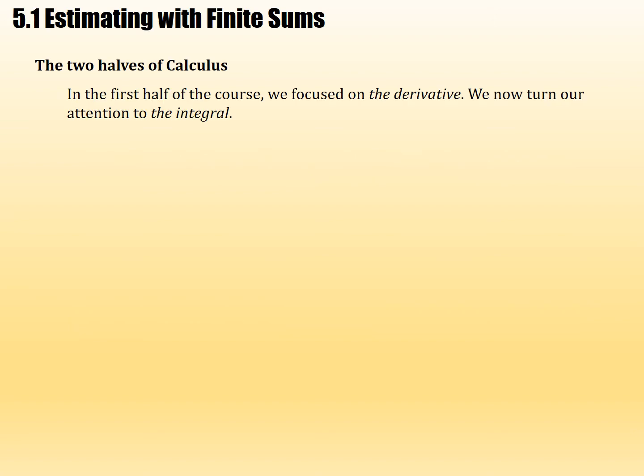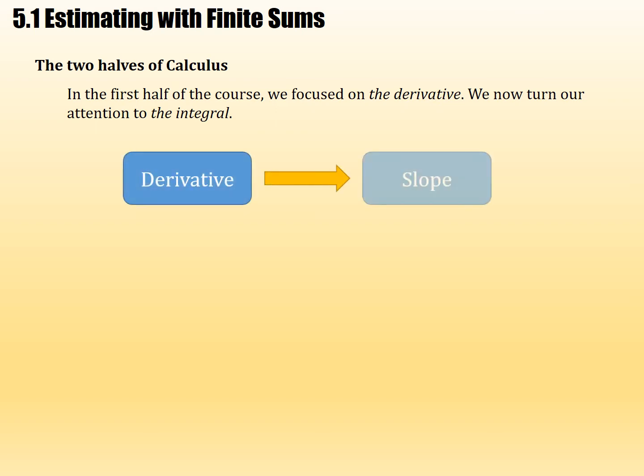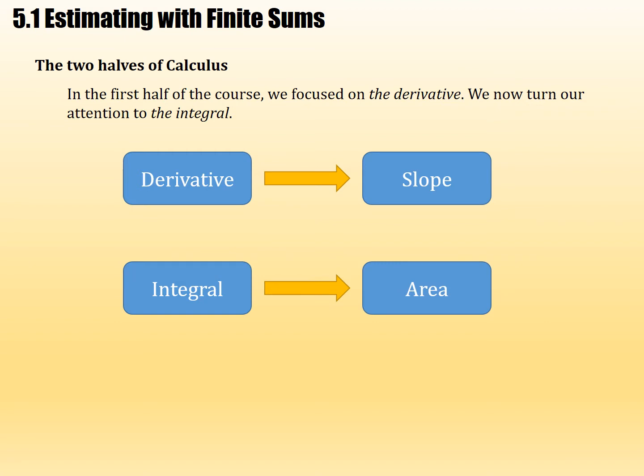So there are 2 halves of calculus, and we've already covered the first half, believe it or not. The derivative, which is rates of change, slope, rise over run. Now we're going to turn our attention to integral calculus. As you recall, with derivatives, slope, and with integrals now, I want you to think area.